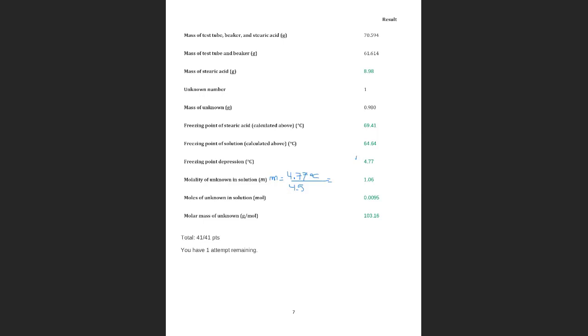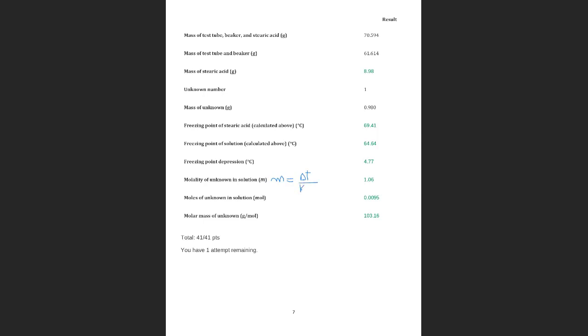So you obtain the molality here. And once you have the molality, let me erase this and say that the molality is going to be your delta T divided by the constant.